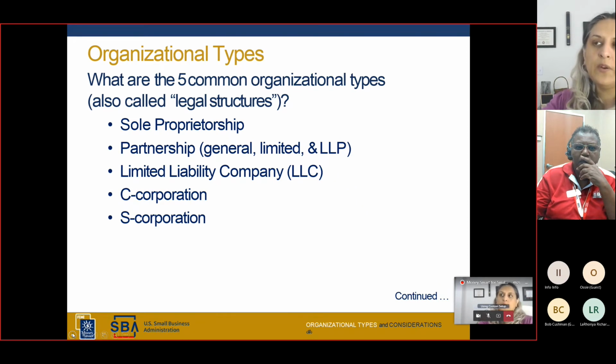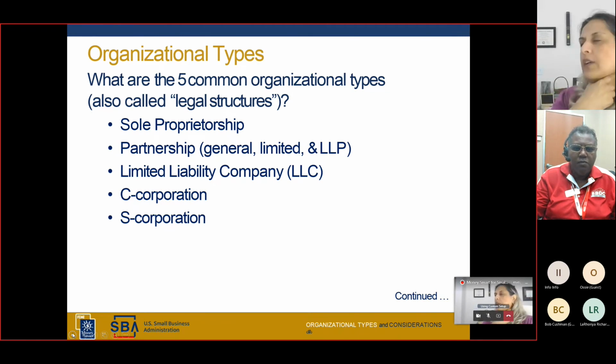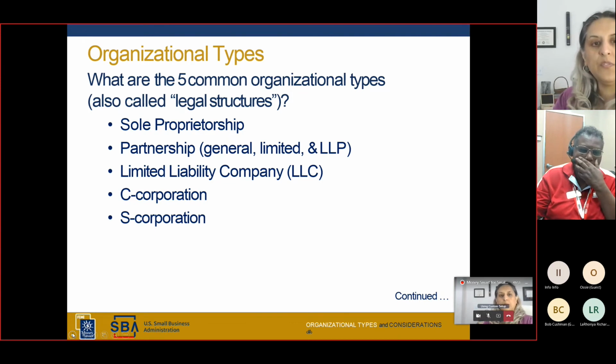What is required in those partnership agreements is that you establish what the individual will contribute to the business, what they're going to get back out of the business, and how they're going to fund the business.